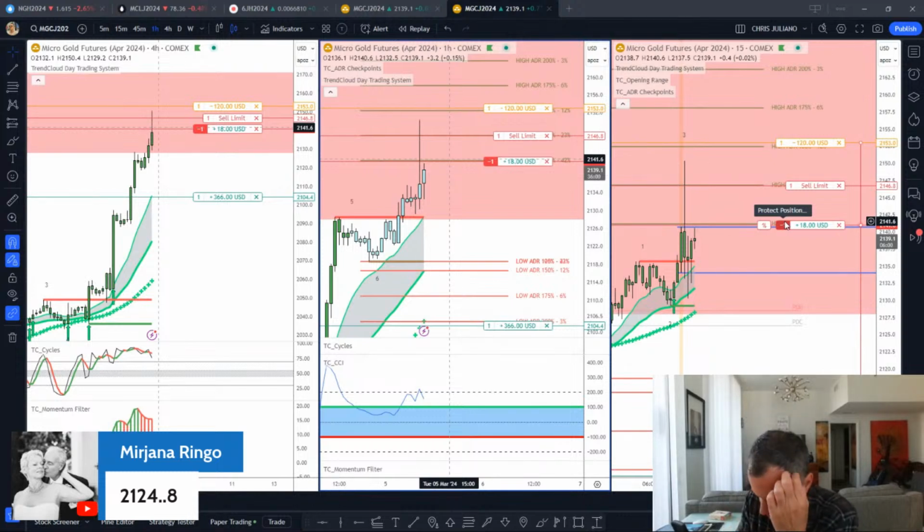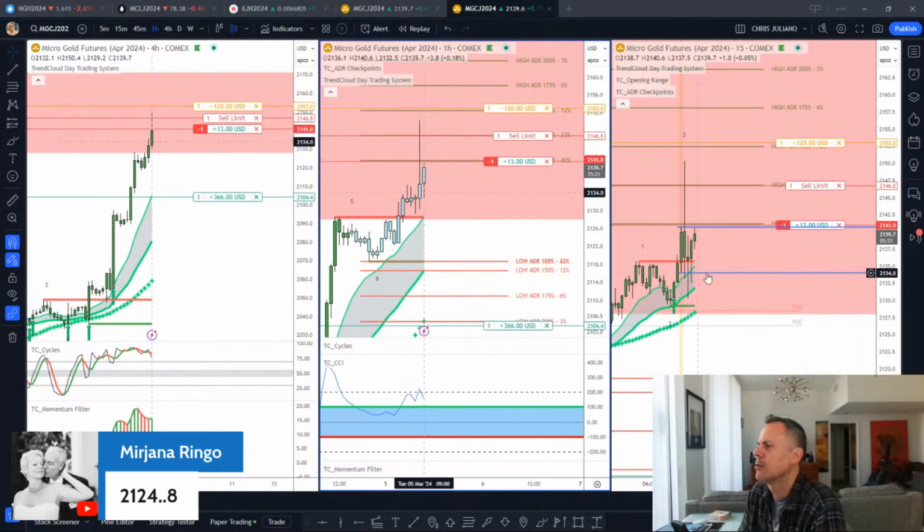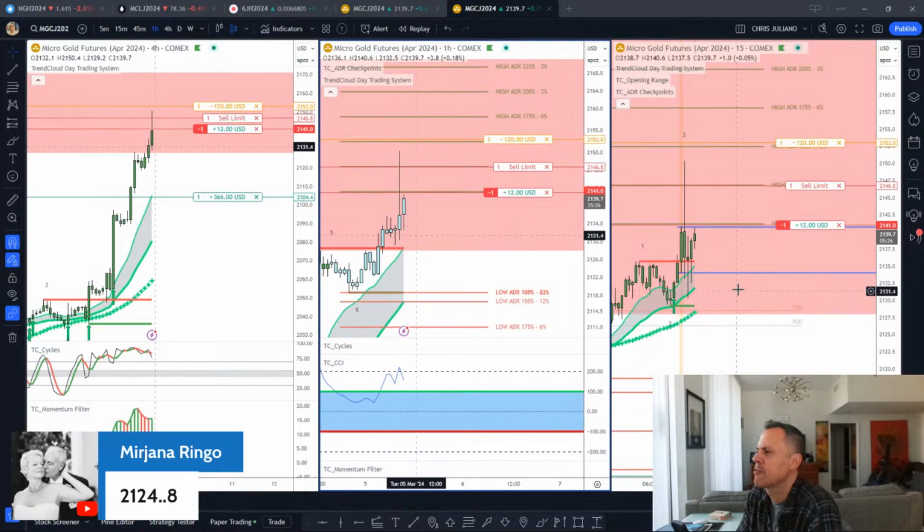But what gold likes to do during news is whipsaw, almost like the Japanese yen. It whipsaws like crazy, and then returns to the original point where all the craziness happened. So it's best to stay out of that, especially with gold. Okay, so we're going to let that work itself out.